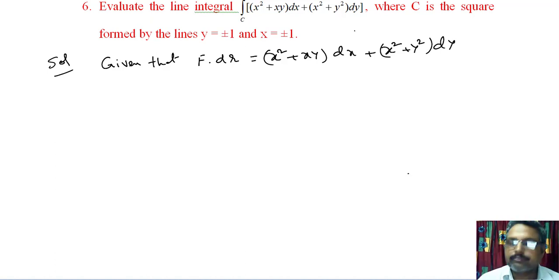Now, what is the diagram? The curve is a square formed by four straight lines: x = 1, y = 1, x = -1 and y = -1.